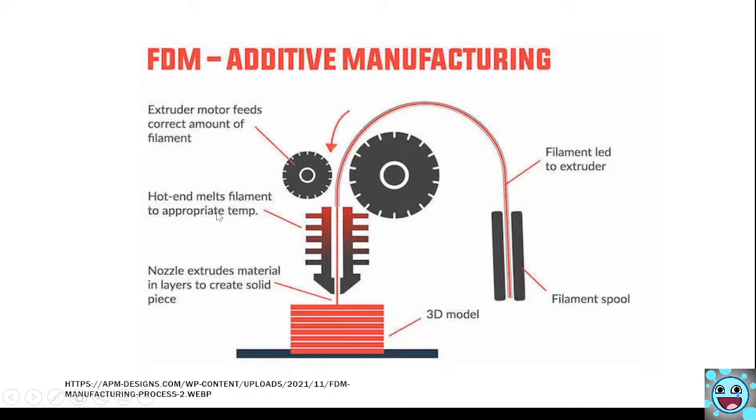The hot end then melts filament to the appropriate temperature, as we have explained just now, and then it extrudes the material. After it touches the build plate or the previous layer, it will gradually cool down, and it will become solid.